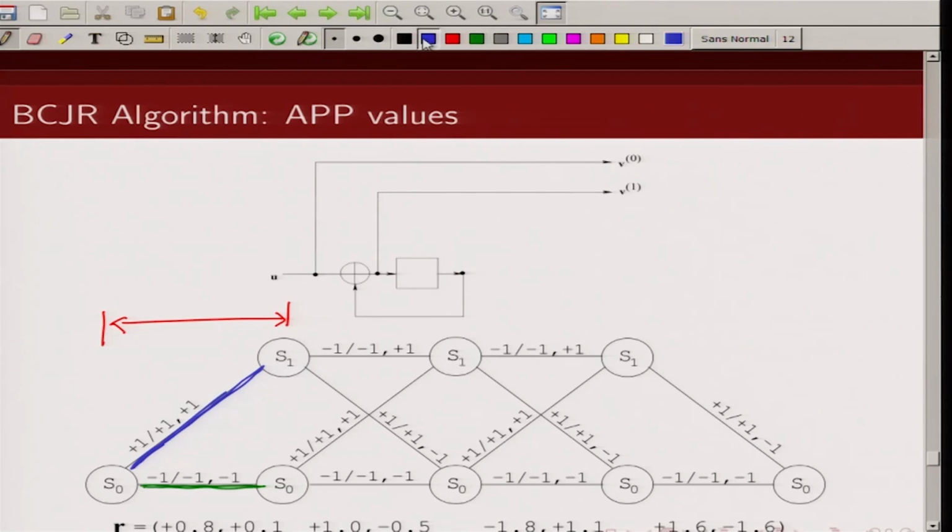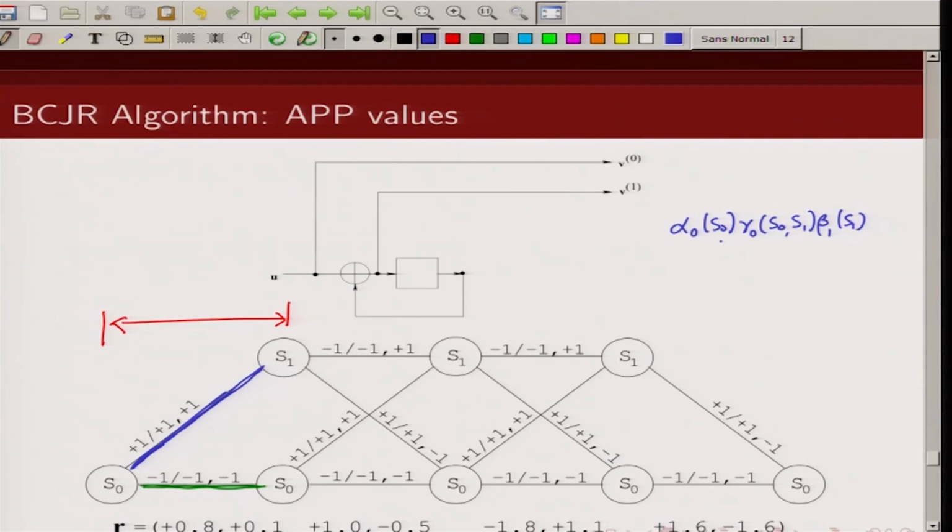Then in the numerator, I will have one term corresponding to this transition, and what would that term be? It will be alpha 0 S 0, then gamma corresponding to this transition, which is gamma 0 S 0 S 1, times beta 1 S 1.